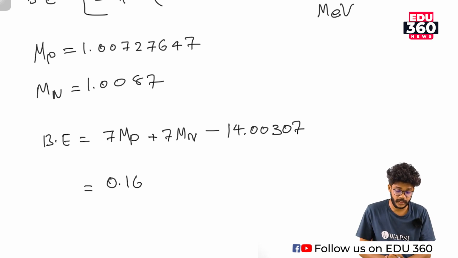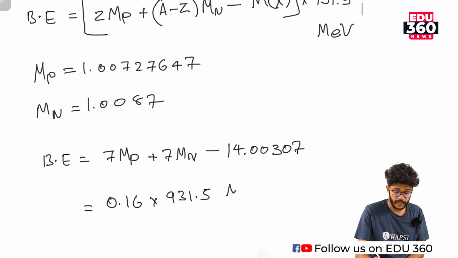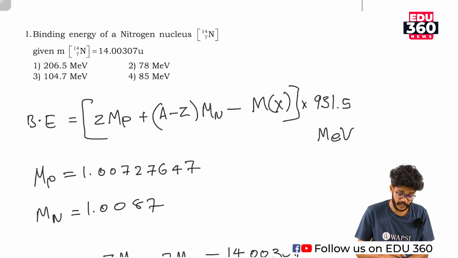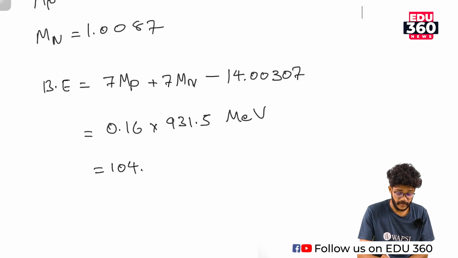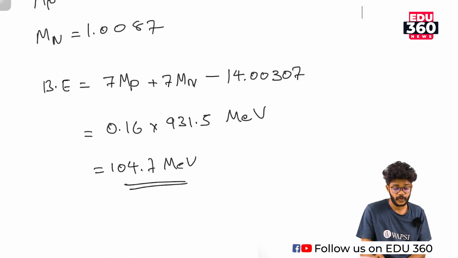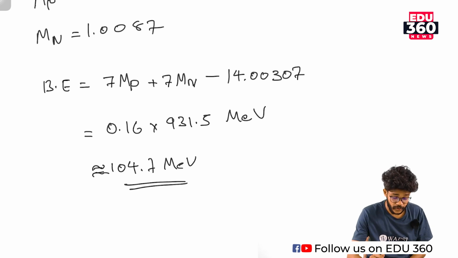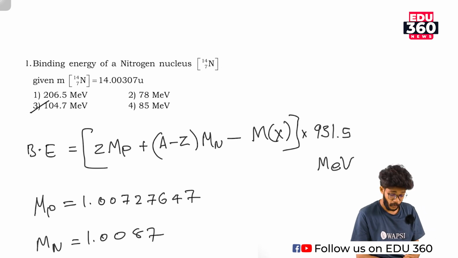You want to calculate this energy, this variation in mass. Approximately the answer will be 0.16, multiplied by 931.5 mega electron volt, which is approximately above 100, and it is 104.7 mega electron volt. The binding energy is 104.7 mega electron volt approximately. This is just an approximated value. So from the options we can answer 104.7 mega electron volt.